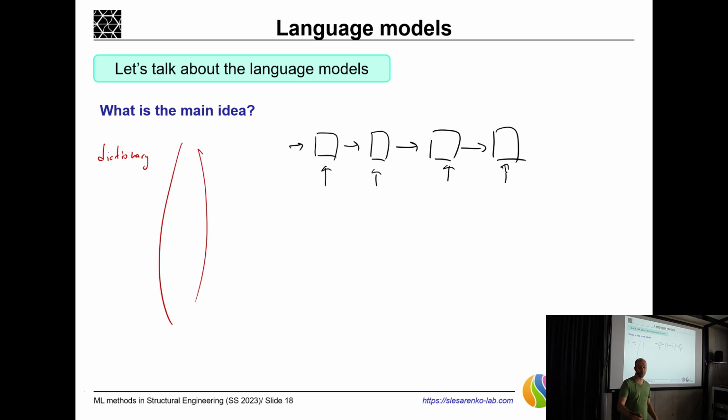And then let's say we put in outputs. So what's happening, actually, the whole idea of a language model is to predict the probability of a specific sentence.